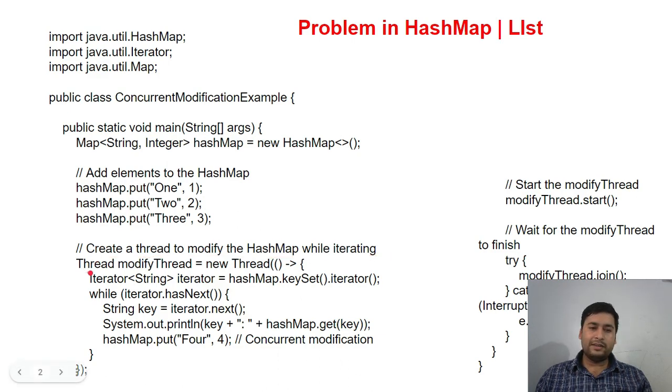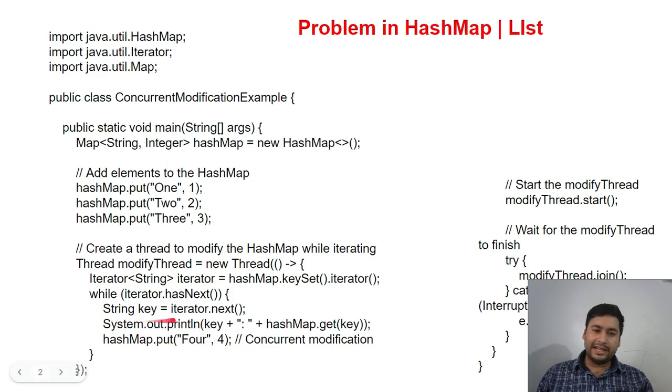We have implemented the runnable directly with the help of lambda expressions, and then we used the iterator, and with the help of the iterator we have taken all those keys and we are iterating it. While iterating, in this line hashMap.put, we are printing the data and we are also adding some data.